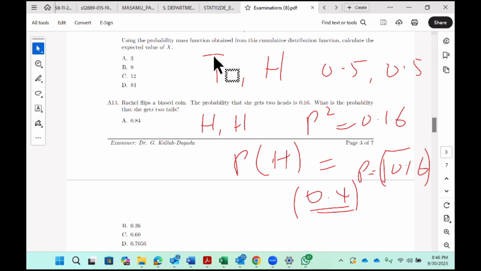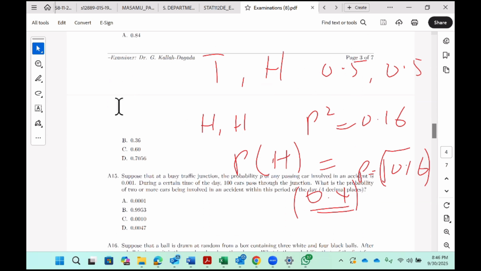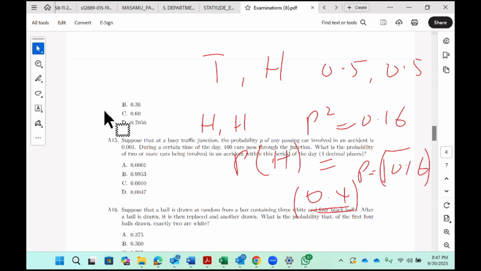So the probability that he gets 2 tails will simply be equal to 0.6 squared. And that will give us B, that is 0.36.